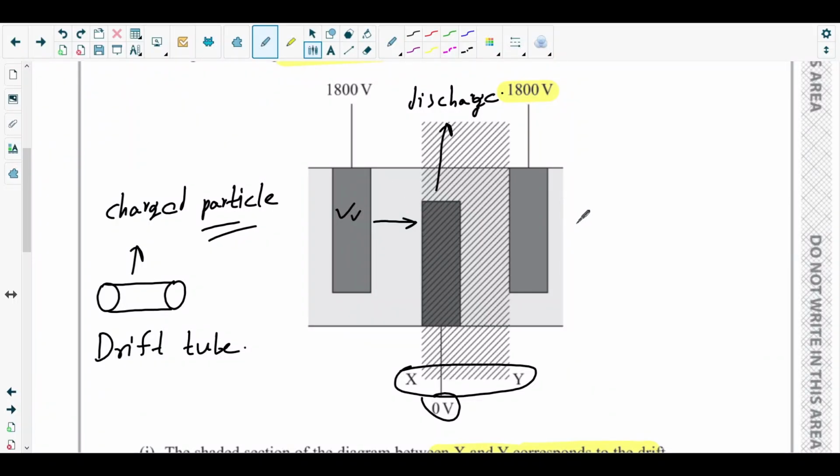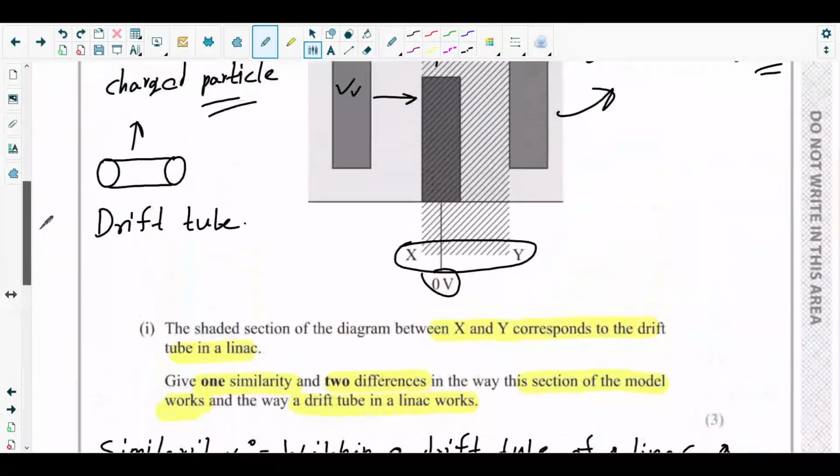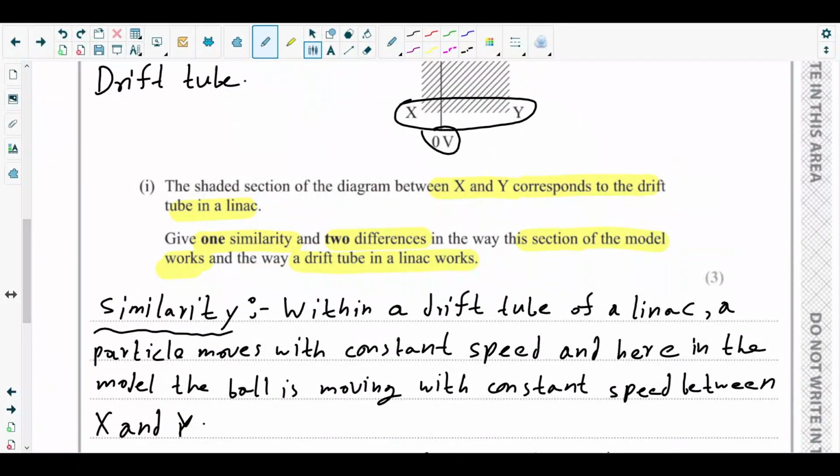But here in this model the ball is discharged. It is discharged at 0 volt, so it is uncharged. So an uncharged body is moving through the section xy. So that's another difference you can say. That's the answer for part 1 of B. Fine.